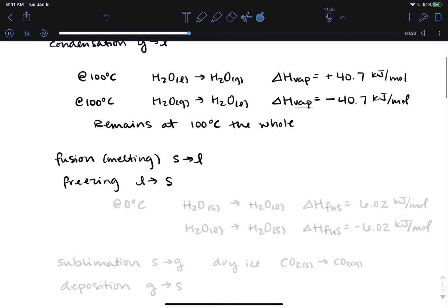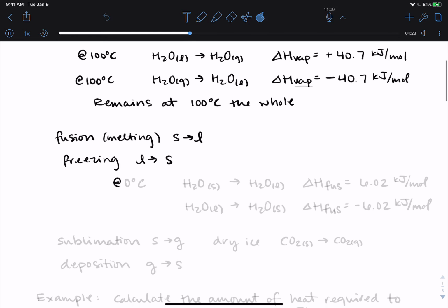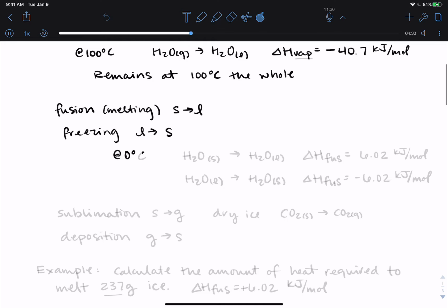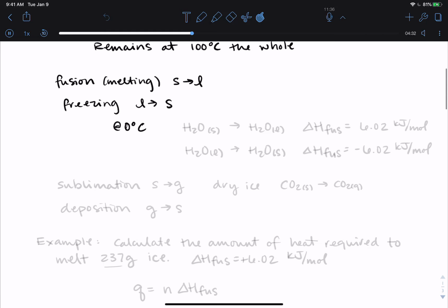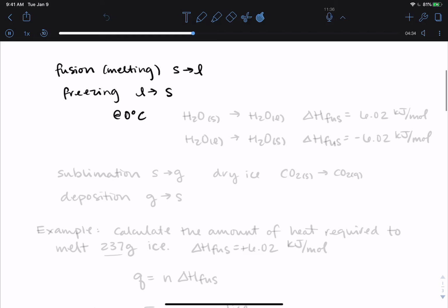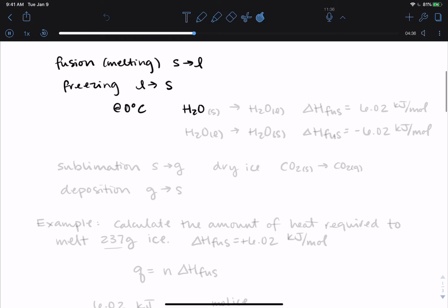If we are at 0 degrees, the freezing point for water, going from H2O solid to H2O liquid, it's the delta H of fusion.